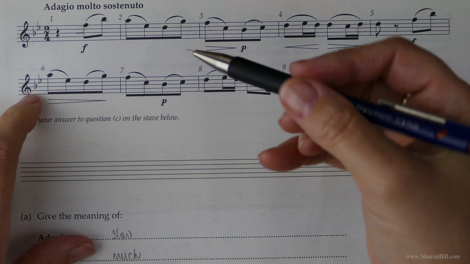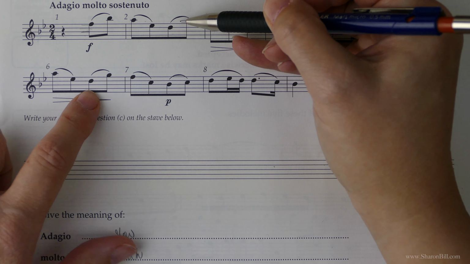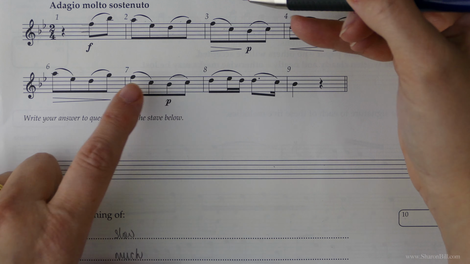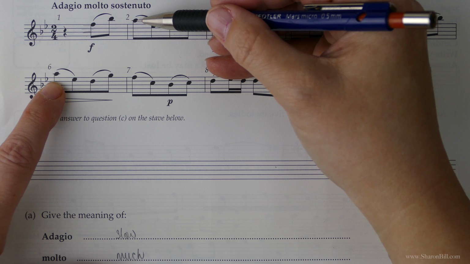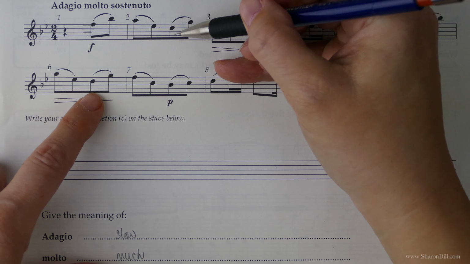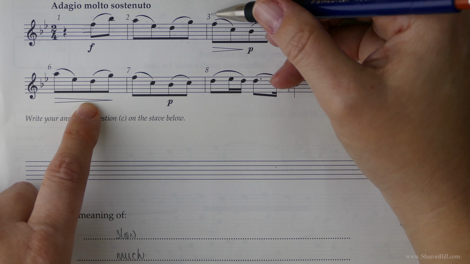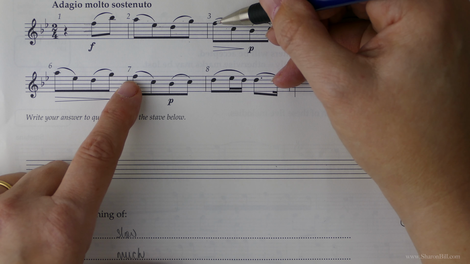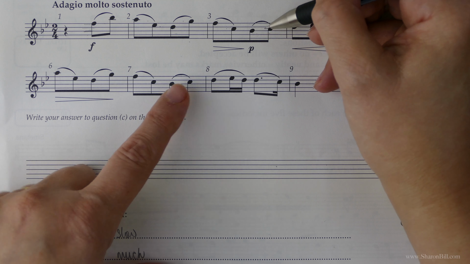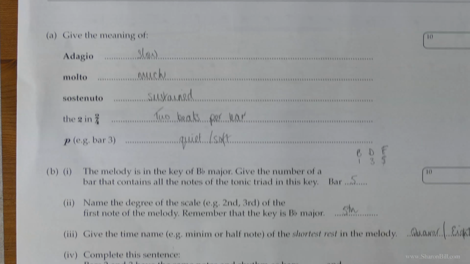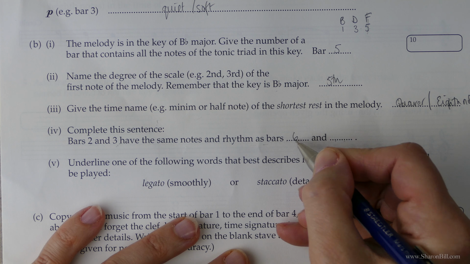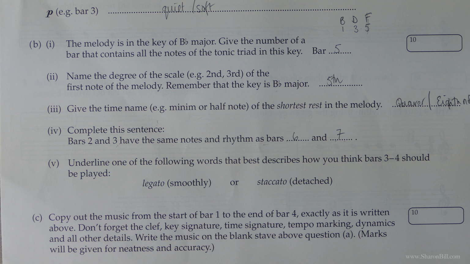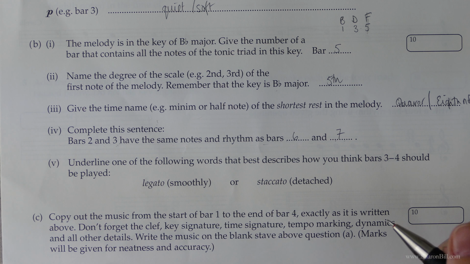However, here we can just see, and we can see that's the same ledger line A, E, D, G, and quavers or 8th notes. F, C, B, C. So bar 6 and 7 is the answer there. Just a quick scan, and that will soon become apparent.